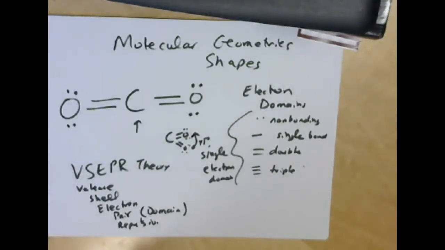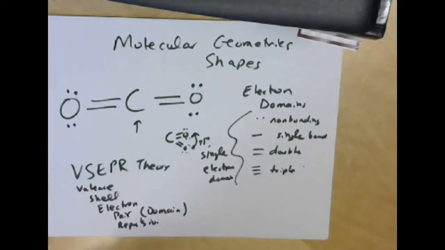We look back when we look at atomic orbitals that we could put two electrons in an orbital by pairing up their spins, having them opposite spins. So we get two electrons to pair up in an atomic orbital. But for what we're looking at here, we can't. There's still repulsive forces between these electron domains, between the different pairs.